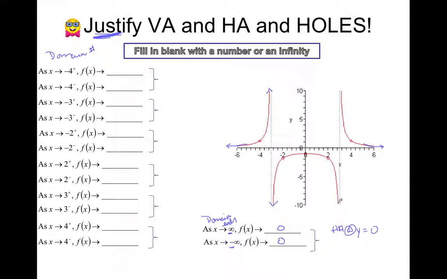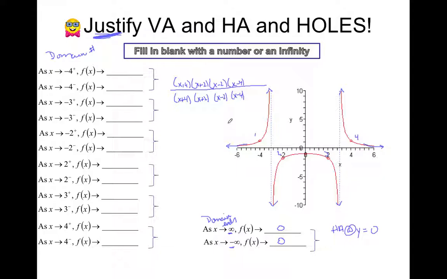Now here's something else a little interesting, don't you think? I don't know what equation generated this graph, but I can tell you that there were 1, 2, 3, 4 factors in the denominator that were also in the numerator, right? x plus 4, because that's the only way to get a hole. x plus 2, x minus 2, and x minus 4.